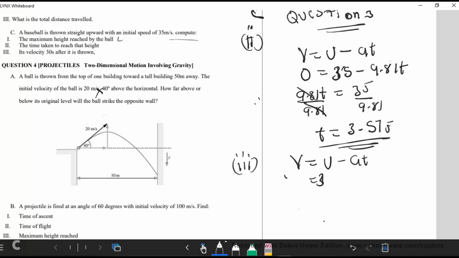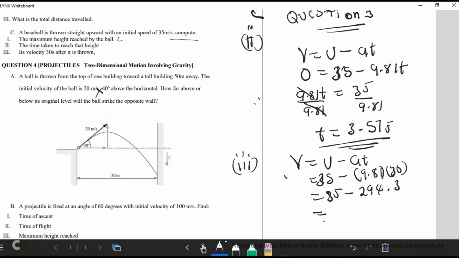That is 35 here, minus 9.81 times 30, which is minus 294.3.